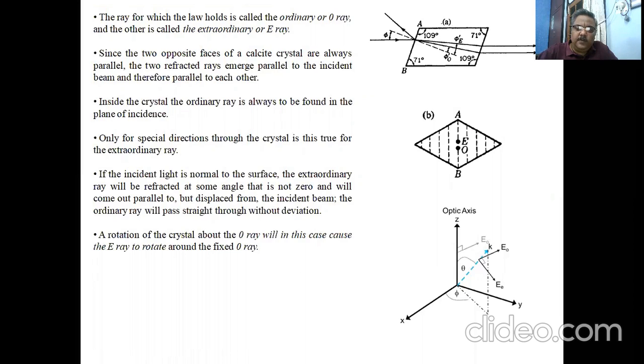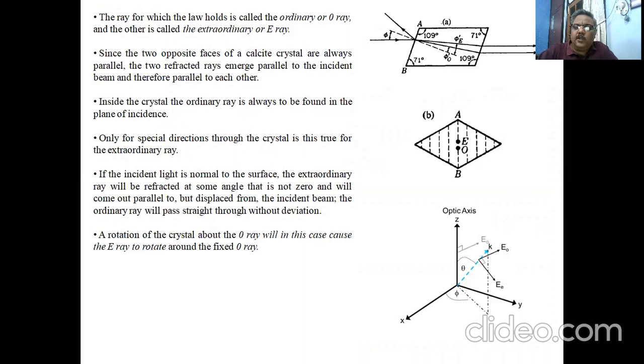The image that does not move is the ordinary ray, and all the laws of optics are valid for that ray. The other one, which is moving, is called the extraordinary ray, and the laws of optics are not valid for this ray. Since the two opposite faces of the calcite crystal are always parallel, the two refracted rays emerge parallel to the incident beam and therefore parallel to each other.